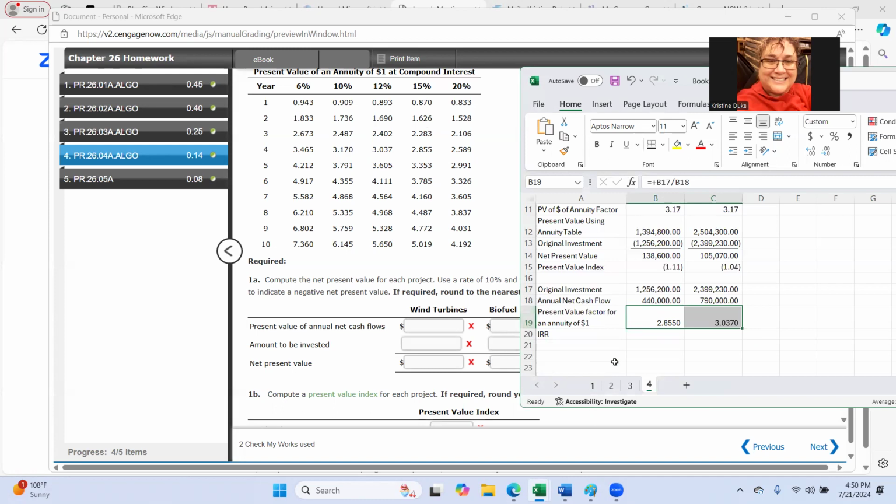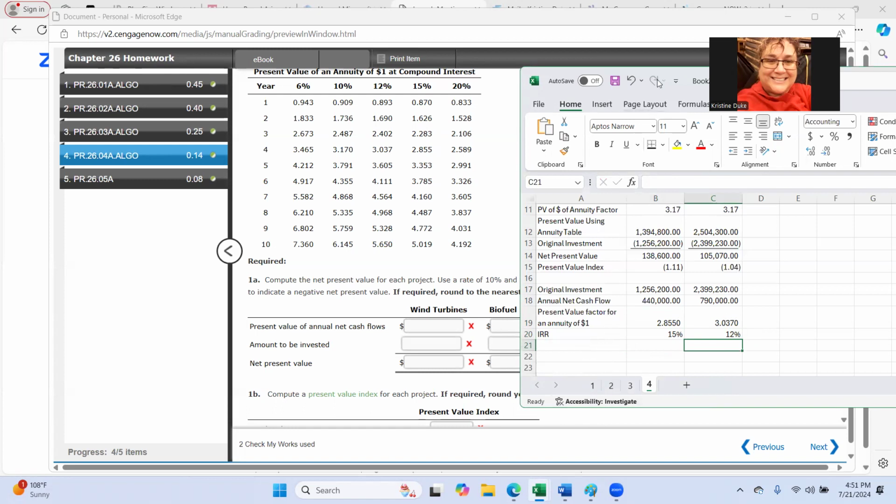And we can see it's 15% there. Okay, you mark that down. That's the internal rate of return. Let's find that 3.037. Okay, right there, 12%. So it kind of gives you some information.